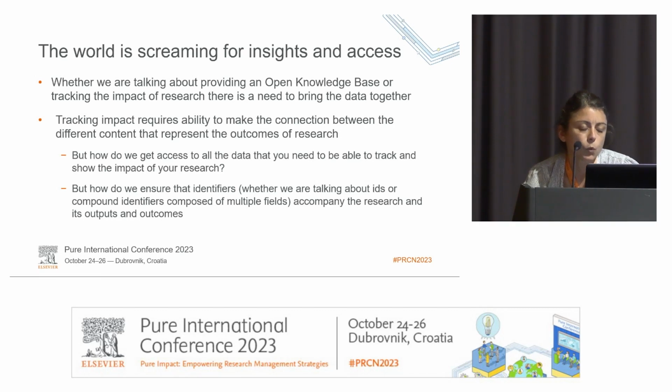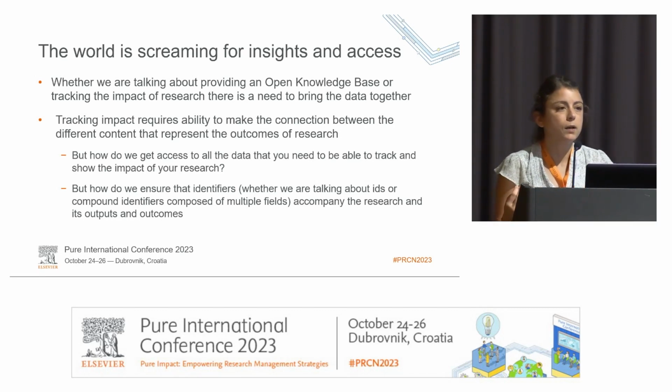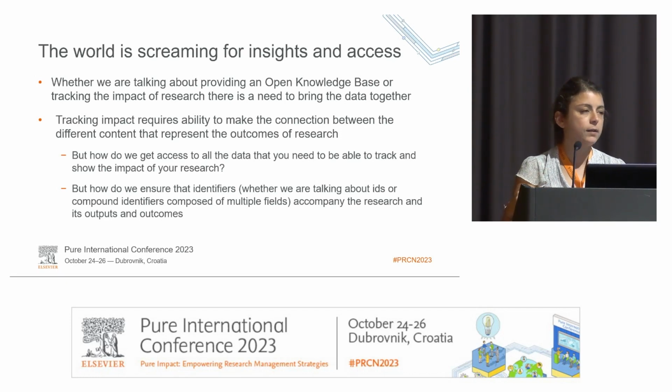So we need to find a way, and it's very important, to connect research outputs and different contents between each other and to the impact they then have, to demonstrate the impact that they have. So how do we do this? How can we first get access to all of this data, and then connections and links between this data, and then also be sure that we are identifying and understanding the data correctly?